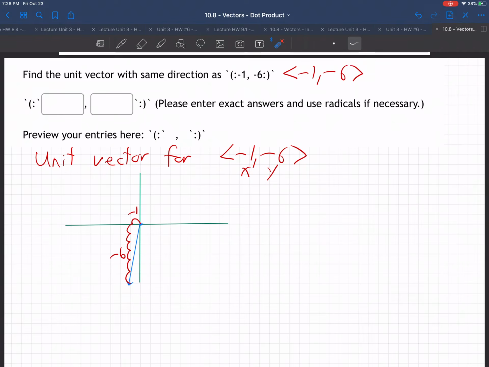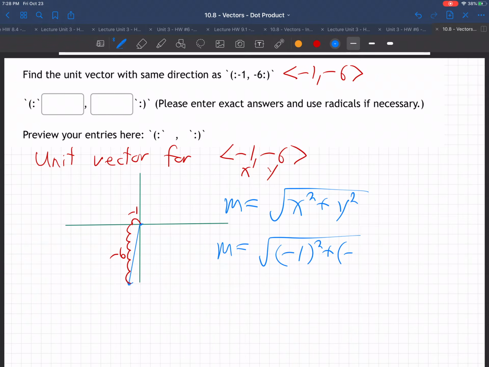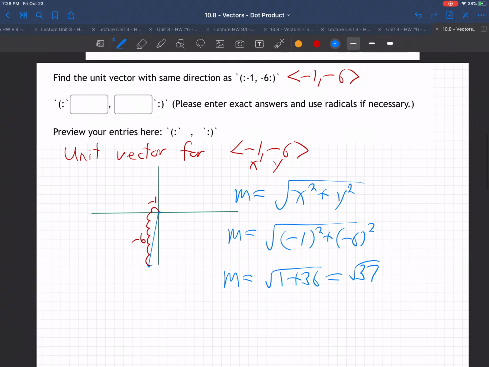So we need to find the magnitude. The magnitude is the square root of x squared plus y squared. So that's -1 squared plus -6 squared, 1 plus 36, root 37. So the magnitude is root 37.